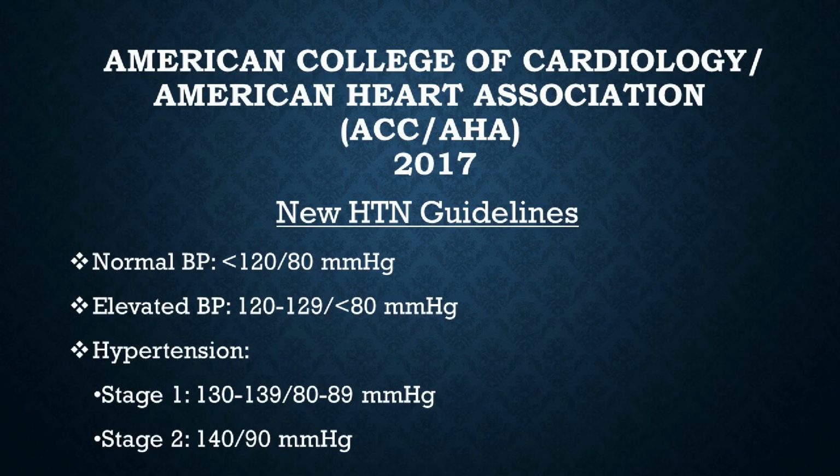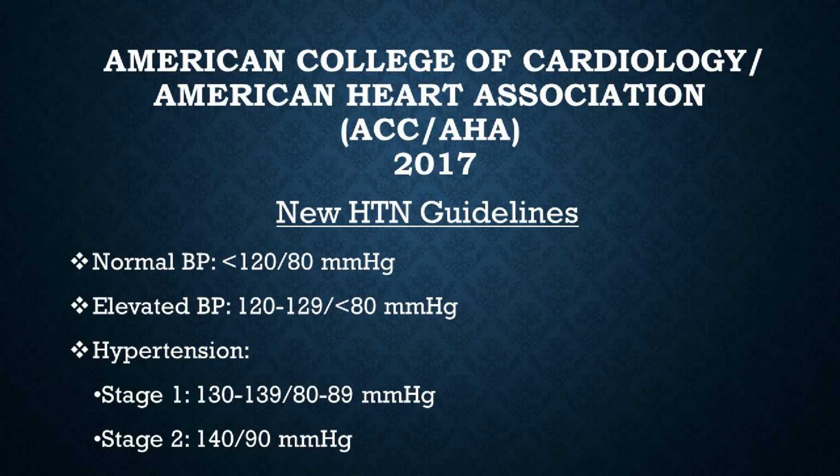Also here I would like to update you, if you don't already know about this, about the 2017 new hypertension guidelines from the American College of Cardiology and the American Heart Association. So since 2017 the normal blood pressure is back again to less than 120/80.